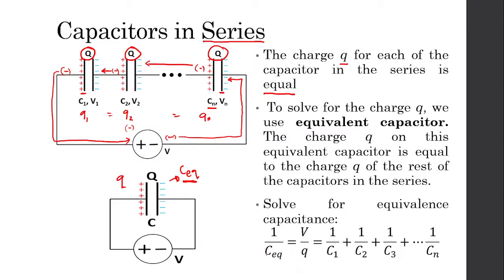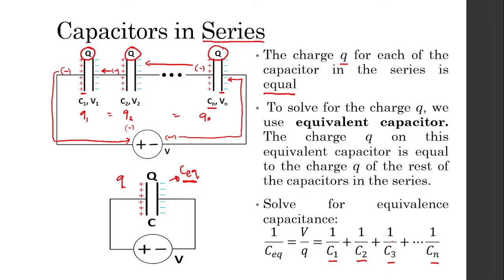In order for me to measure that, I have this equation right here. 1 over the equivalent capacitance of my equivalent capacitor is equal to the voltage divided by Q, which is equal to 1 over the capacitance of my first capacitor plus 1 over the capacitance of my second capacitor plus 1 over however many capacitances I have.